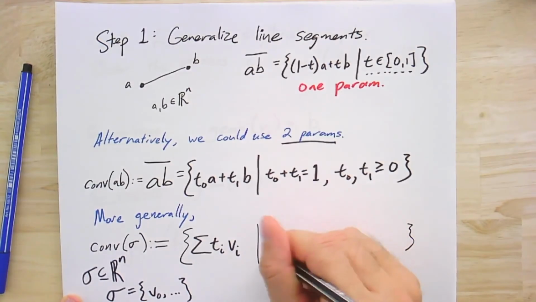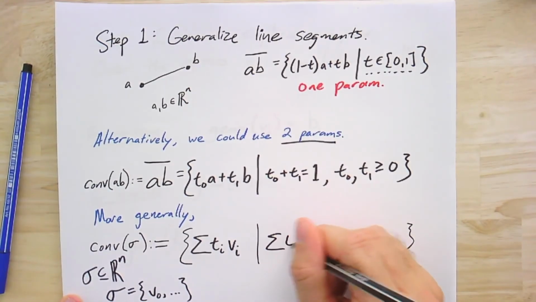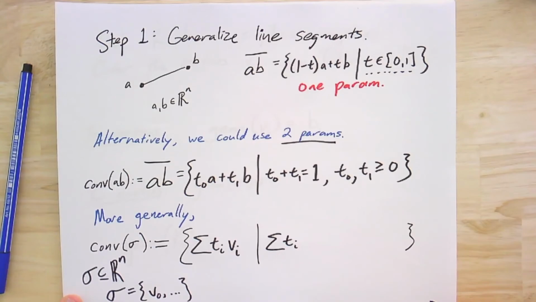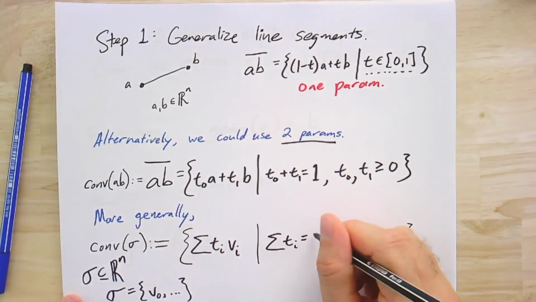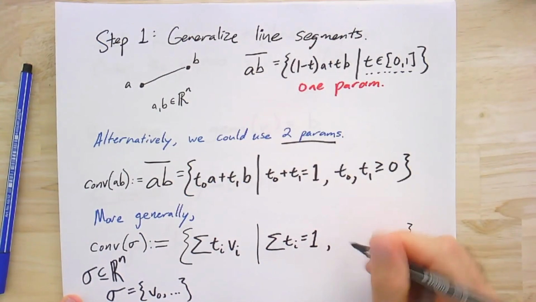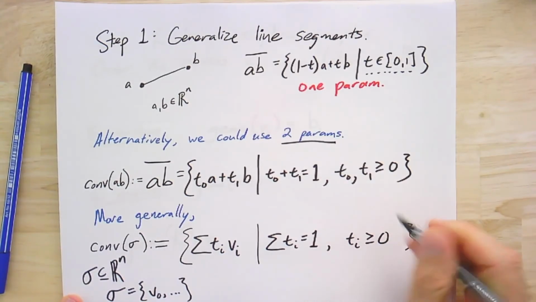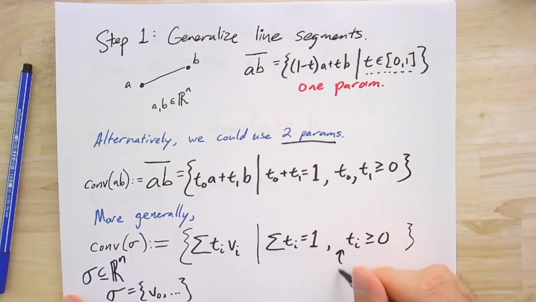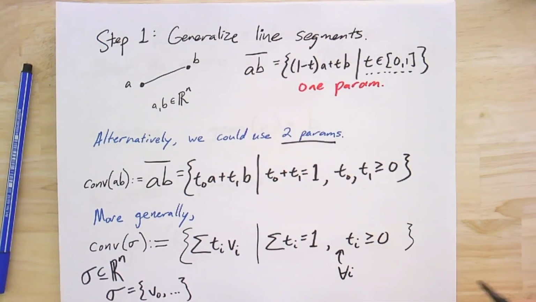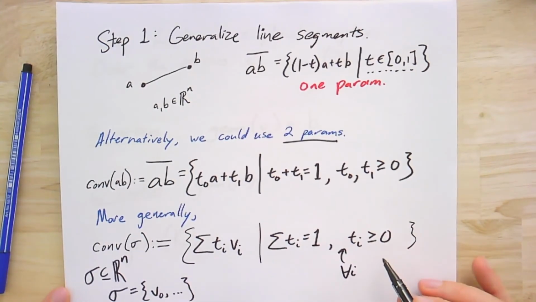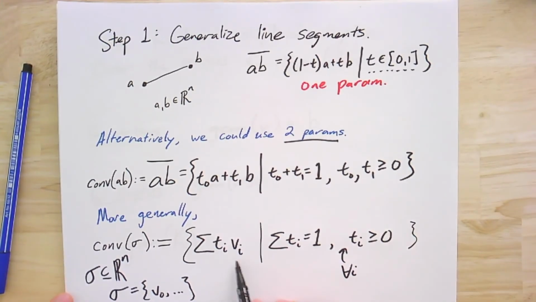And the sum of these parameters ti should be 1, add up to 1, and they're always greater than or equal to 0. I didn't put it in here, but this is, again, for all i, ti is greater than or equal to 0. So I have a non-negative linear combination where the coefficients add up to 1.